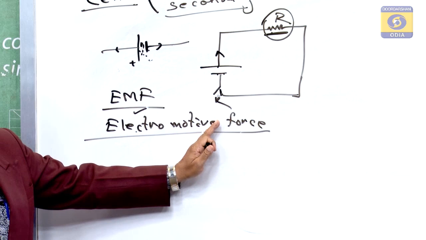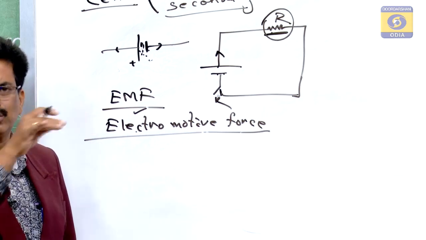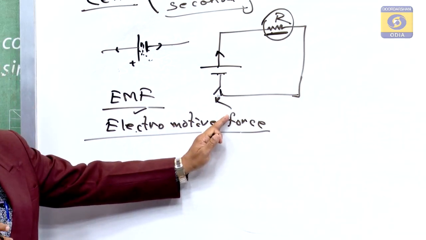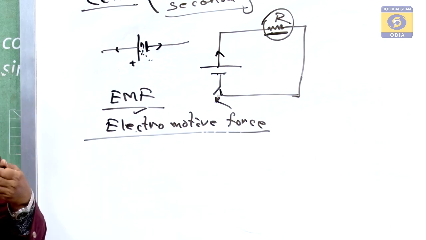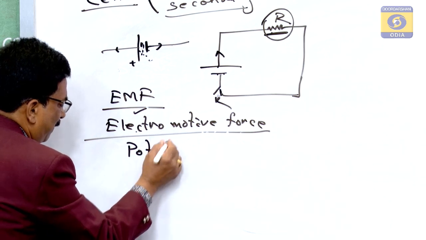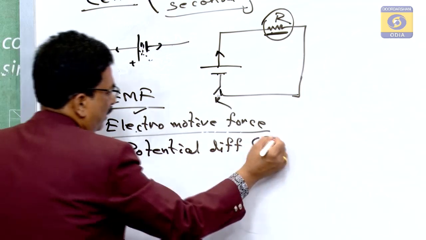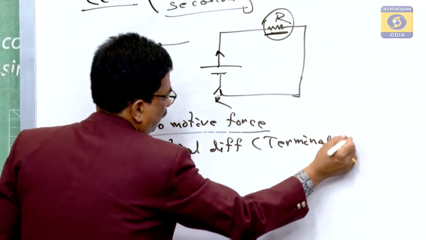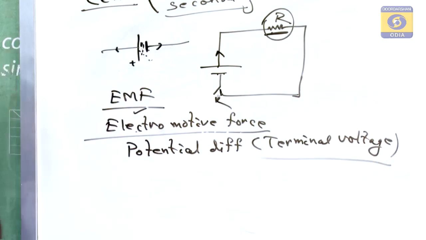It is that agency which helps to move the electrons through the circuit, and that is known as the EMF. And this is your cell; when it is in the closed position, it will produce the potential difference, which is also known as the terminal voltage.